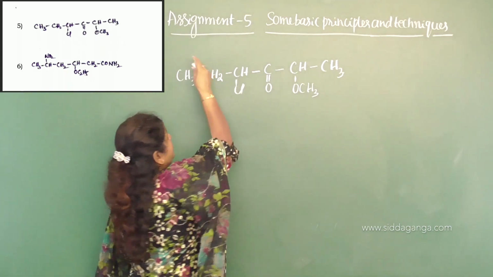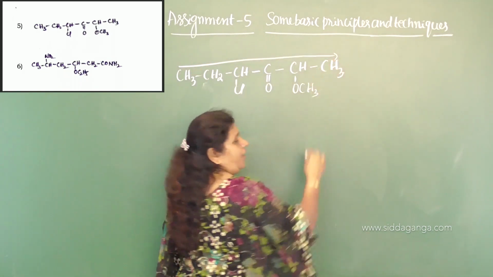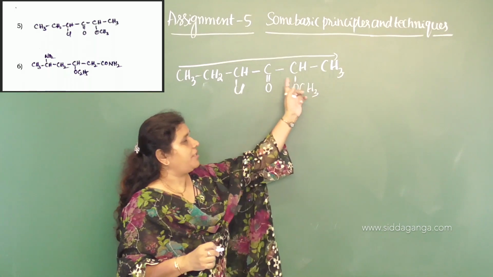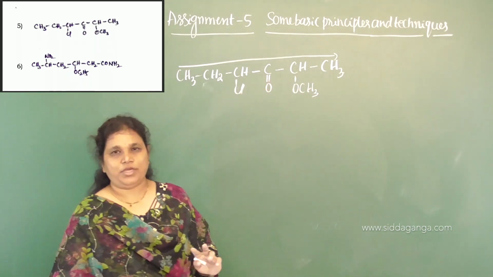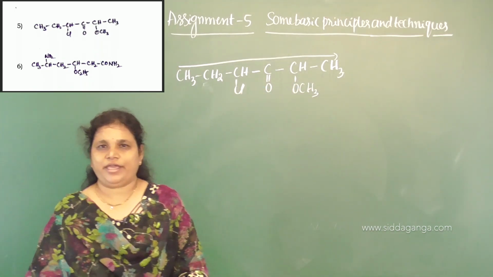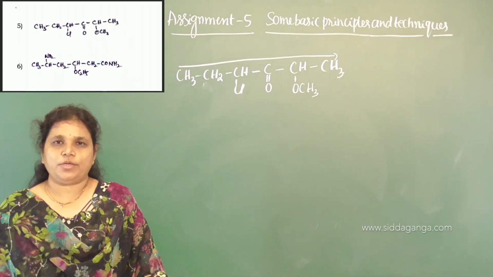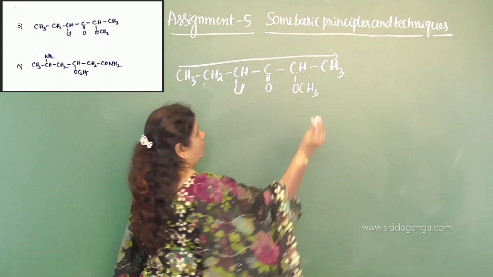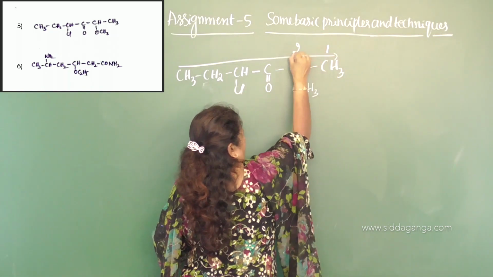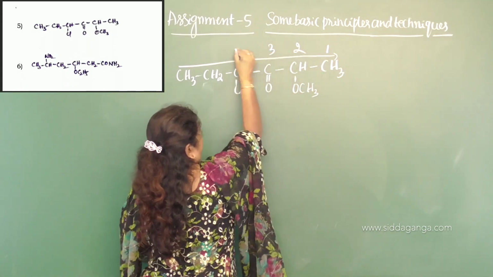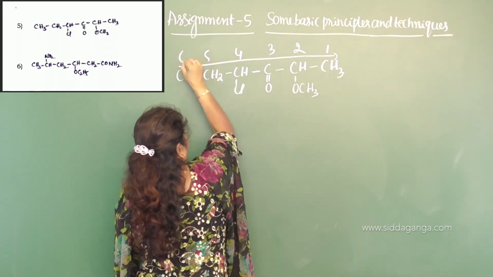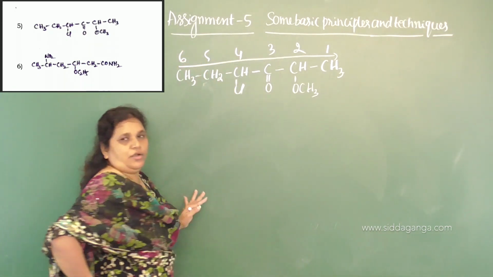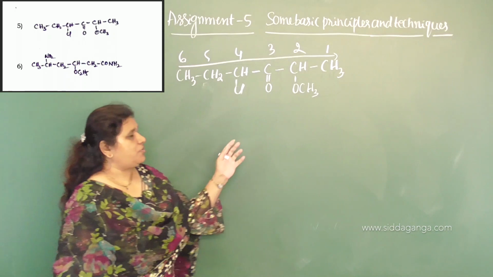Now, you select this chain and you need to give the number from this end to give the lowest possible number to the ketone group. We need to give the lowest possible number to the functional group, and you can give the number 1, 2, 3, 4, 5, 6.